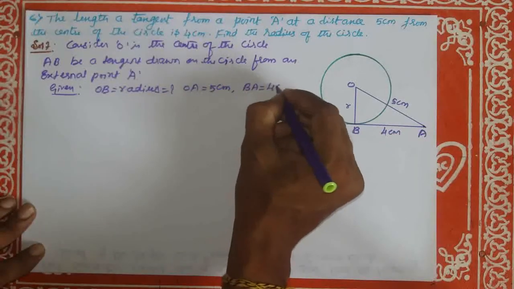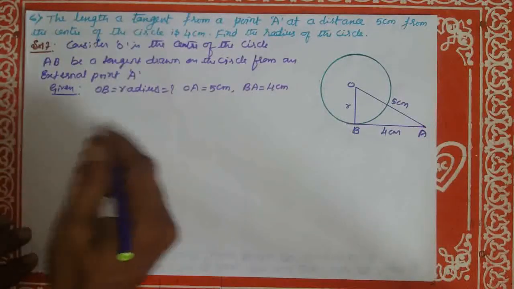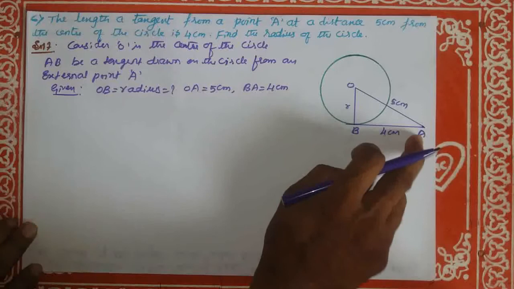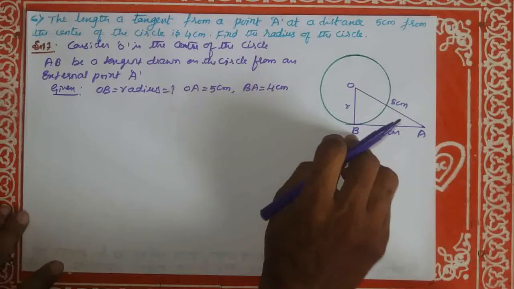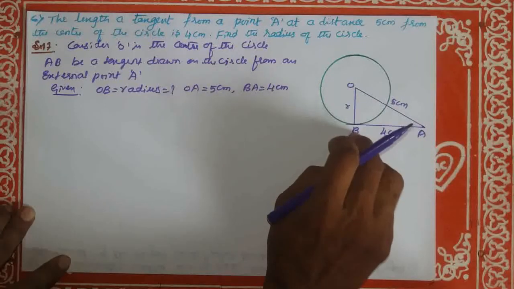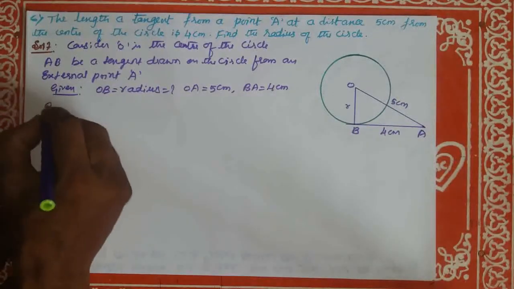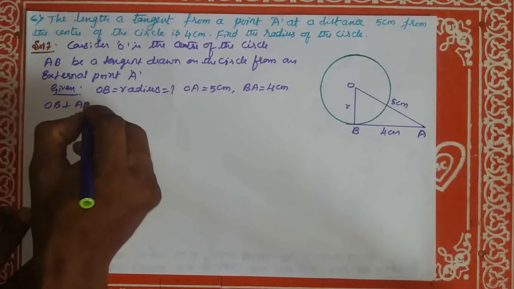BA or AB is equal to 4 centimeters, and OB is perpendicular to the tangent, right? The radius drawn to the tangent will be perpendicular to the tangent, that is AB. OB is perpendicular to AB.